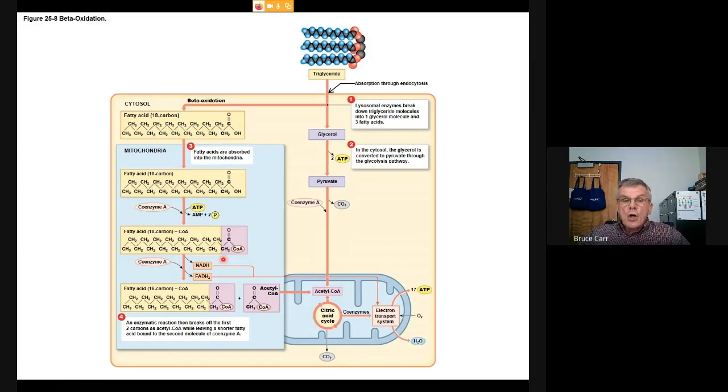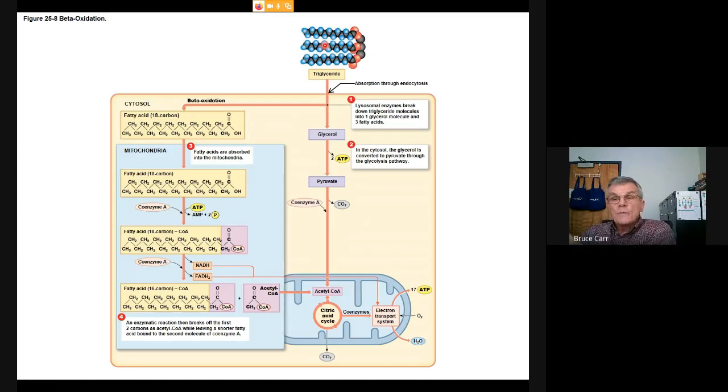Here is the space-filling model of a triglyceride. The black and red end is a glycerol, and it's a carbohydrate. You'll notice that when we break this triglyceride into fatty acid chains on the left and glycerol here, by the way, another feature of this triglyceride, it's a lipid.